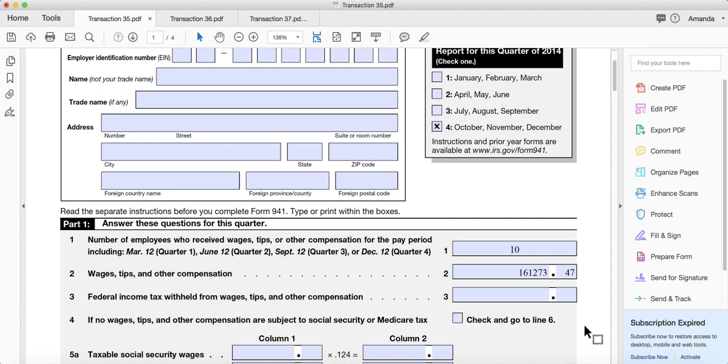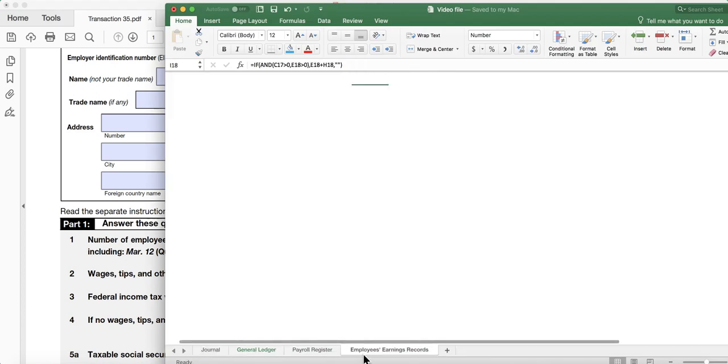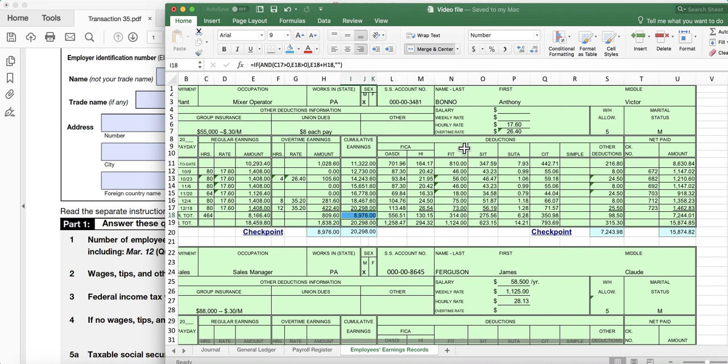Now that we have that amount, we're going to need to do box 3, federal income tax withheld from wages, tips, and other compensation. To do that, you're going to go to the employee's earnings record again, and go to the federal income tax column, and go to the quarterly total.